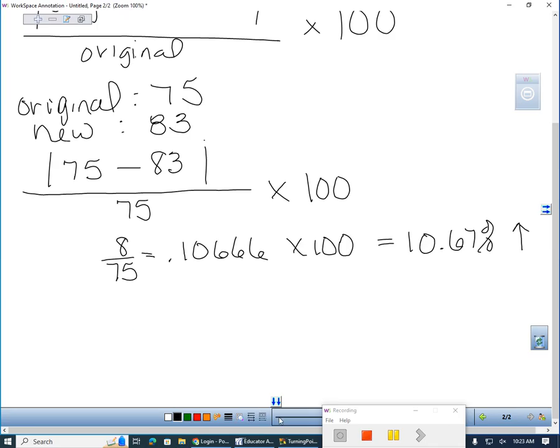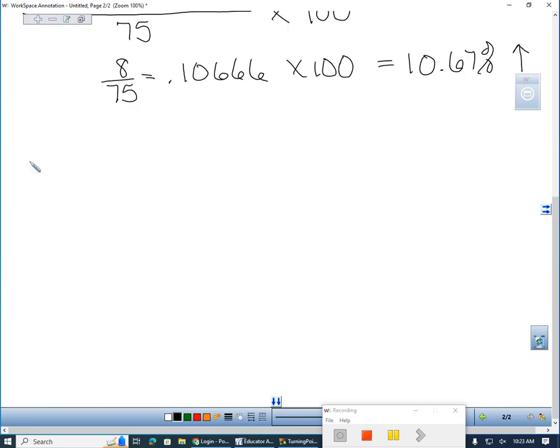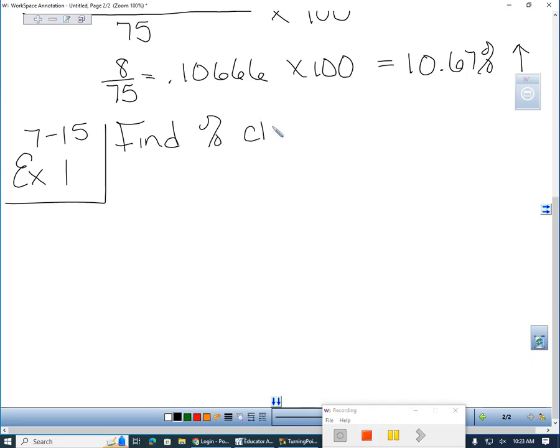All right, so here we go with example number 1. This is what you are doing for 7 through 15 to start. Find percent change. Let's say original is 1,200.